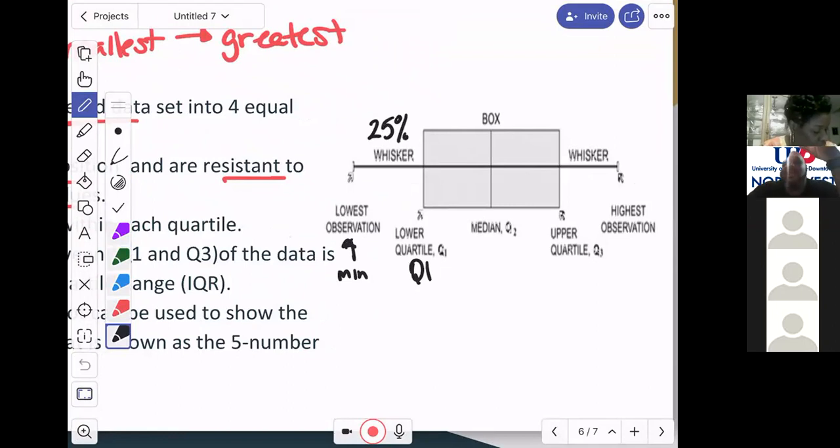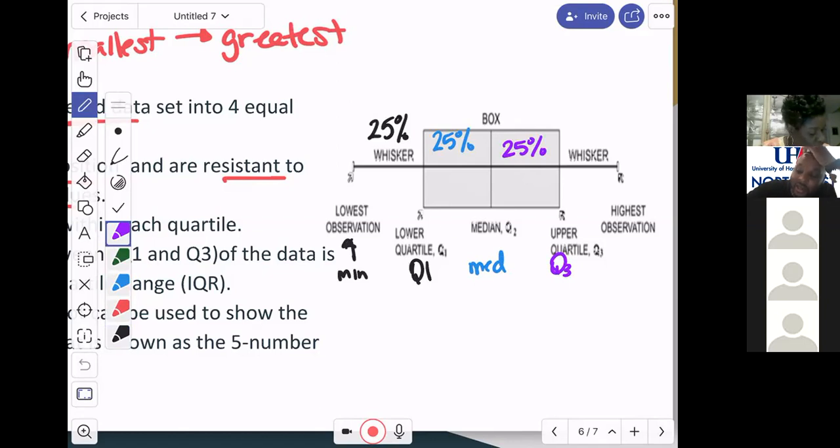So if it's 25% of the data here, in the next quartile from Q1 to the median is also 25% of the data. Then from the median to Q3, which is called the upper quartile, it's also 25% of the data.